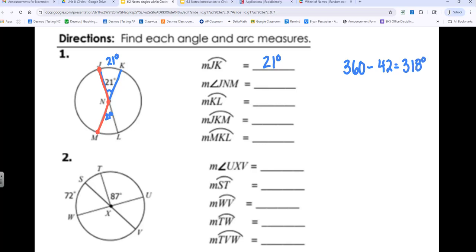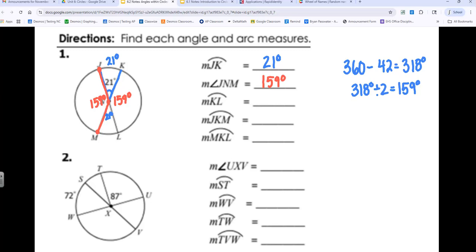And then 318 divided by 2 is going to give you 159, which is correct for this angle right here. Because this angle has to be 159, it also means this angle over here is going to be 159 because those are vertical angles as well. Right? And we could double check ourselves by adding all of these together to make sure we get 360.